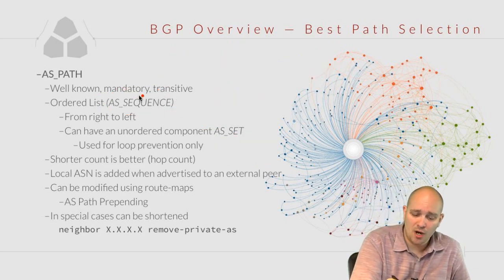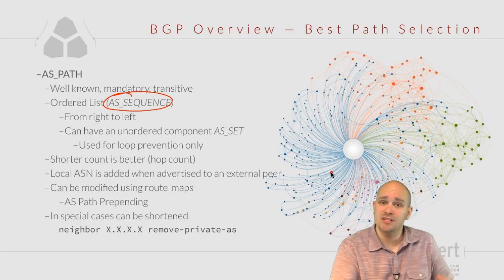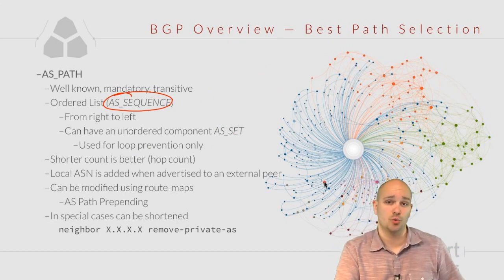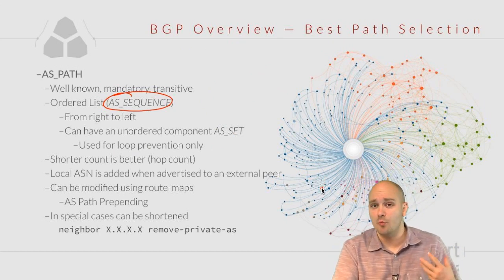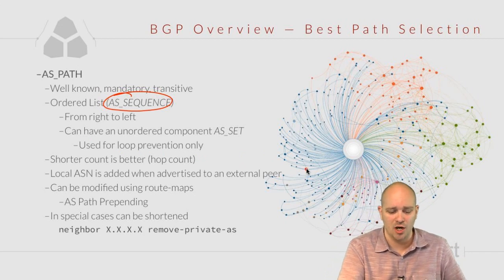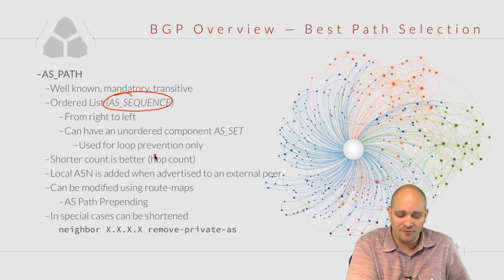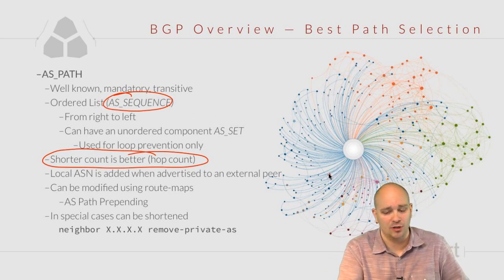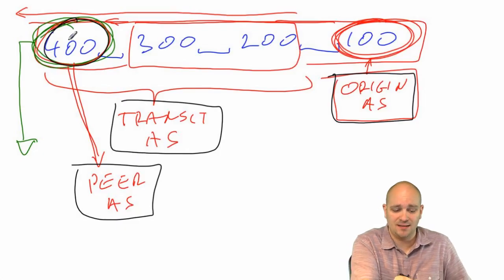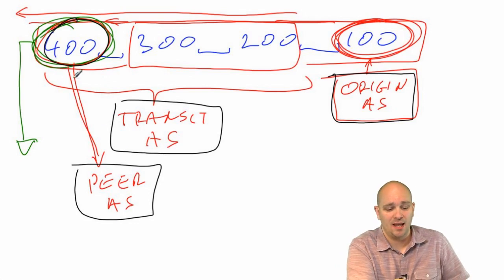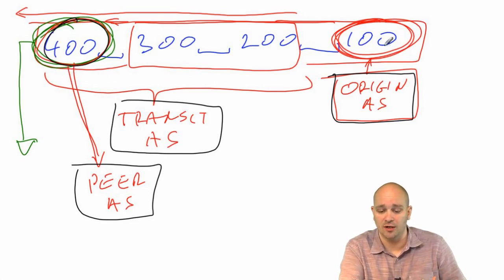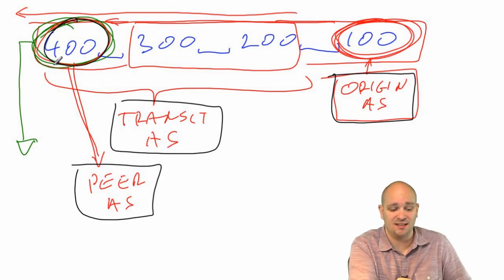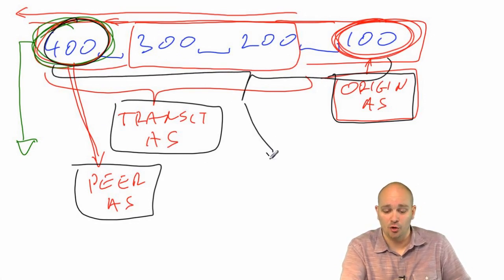When it comes to analyzing the AS sequence and using the AS path for the actual path manipulation, if we wanted to prefer certain path over another, in that case, we have to think about the AS sequence as a simple hop count. So we don't care at this point in our network that this path went through AS 400, 300, 200, and 100. What we care about is that there are actually 4 components of it.